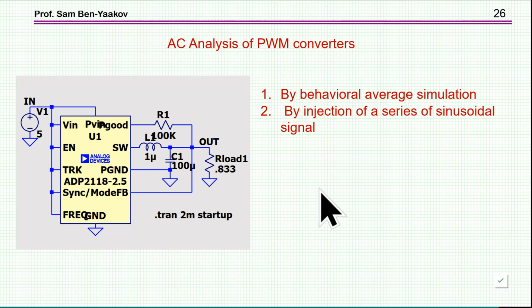This is not the way of SPICE. SPICE is doing phasor simulation, okay? Some other simulators don't have AC, like PSIM does not have AC, but you can still do this simulation by injection of a series of sinusoidal signals at the range of frequency that you are interested in.